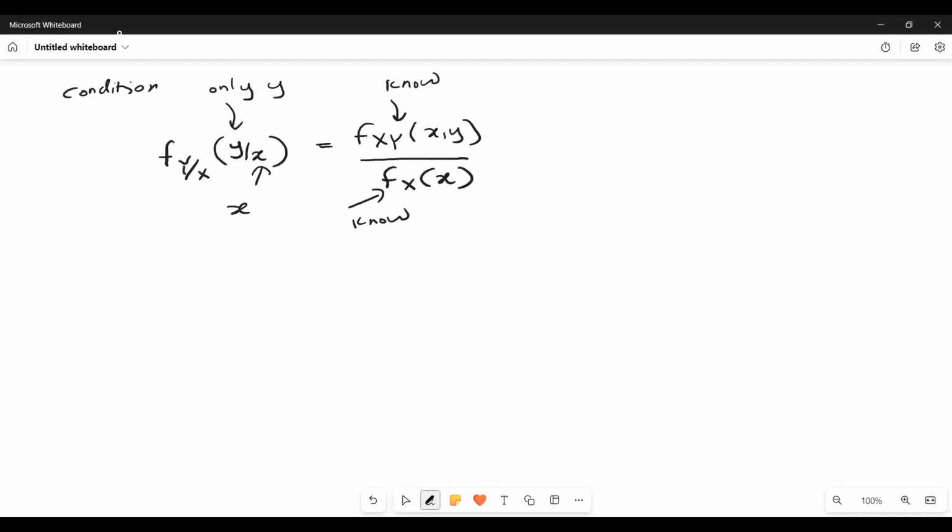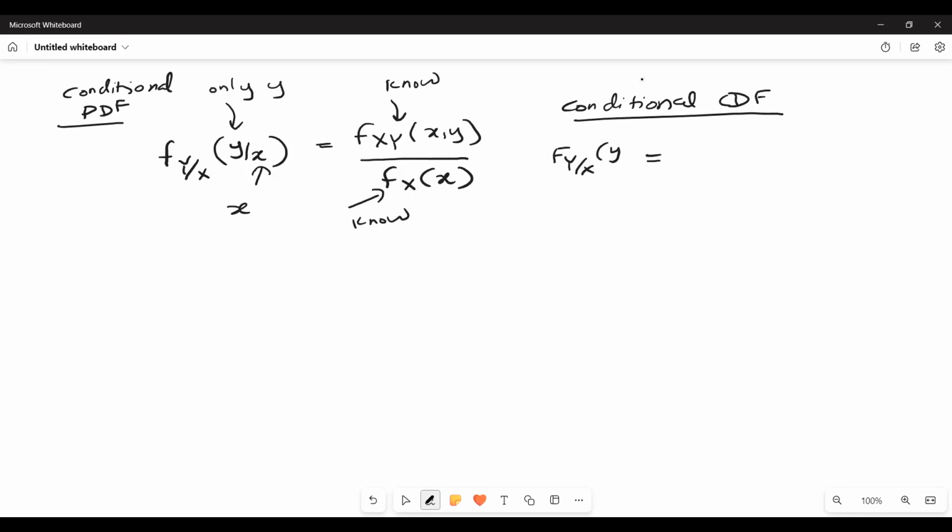And we can find a similar definition for the conditional CDF, where you define the conditional CDF as the integration of the probability density functions, and then by doing the integration you can find the CDF value.